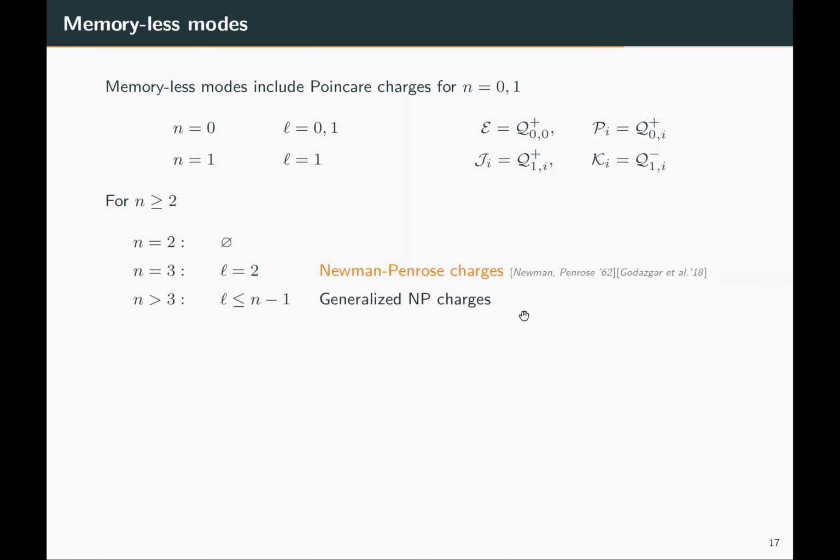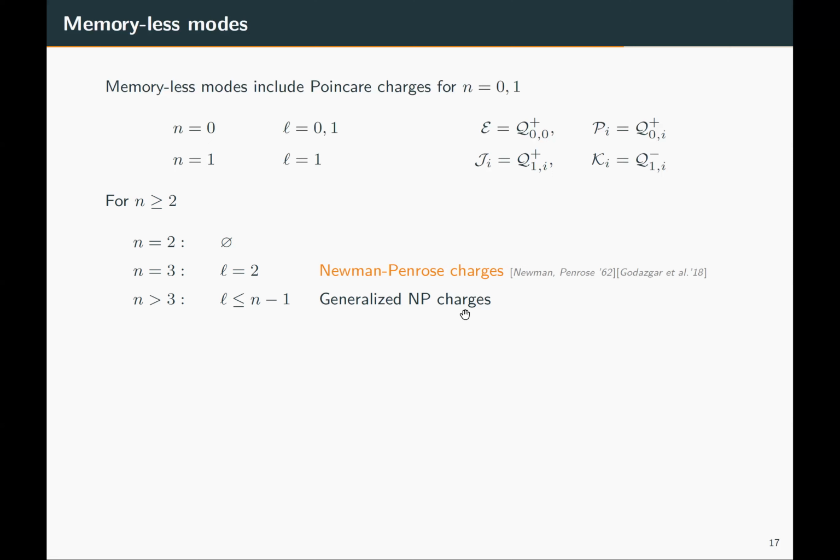But actually, there are more charges like that. For n larger than 3, you can show that all L less than n are memoryless, and these I would call generalized Newman-Penrose charges.